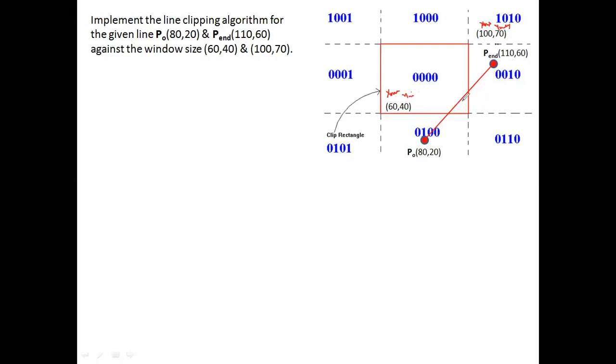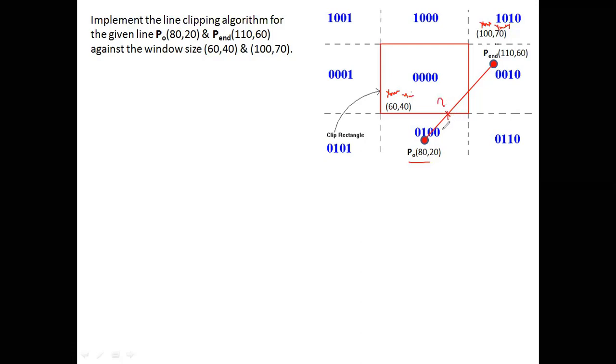When you perform the OR operation, it cannot be completely accepted, and if you perform the AND operation, it doesn't give you a non-zero value, so it is not completely rejected. When we perform the AND operation, it gives all zeros. So we will do the intersection. P naught is this, so we will find the intersection point here.